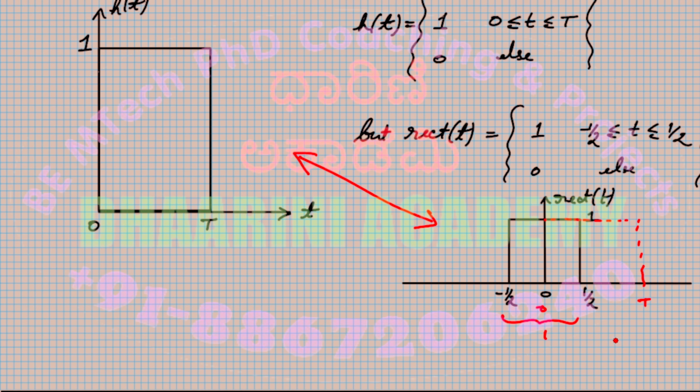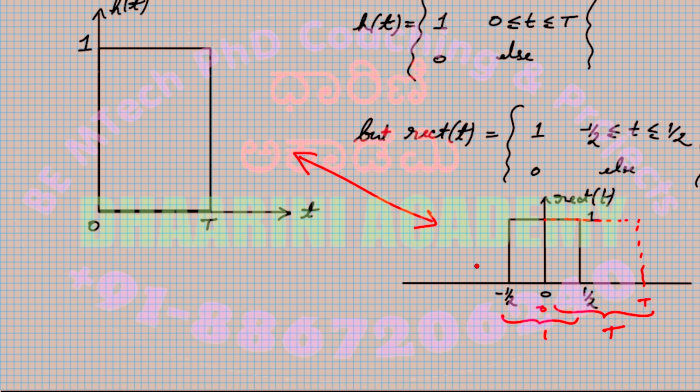Width is actually 1 now. The width, which is originally 1, becomes width equal to capital T. So that's the scaling, right? You are either compressing, or you are expanding, right? That is a scaling operation which we studied in signals and systems. First thing. Second thing is that it's not just that, it is moved to right by certain units.